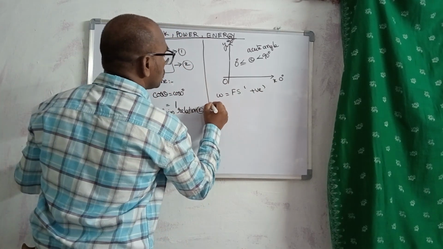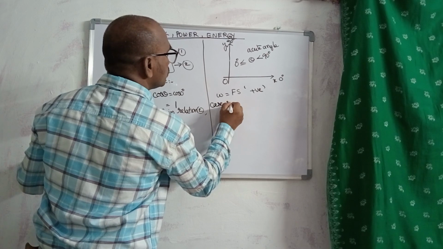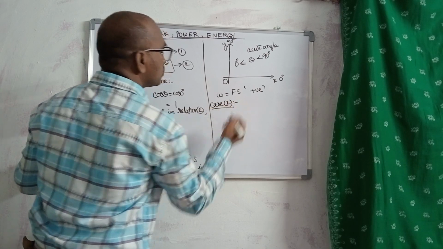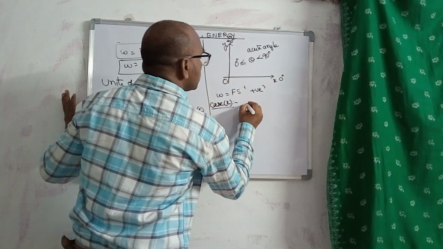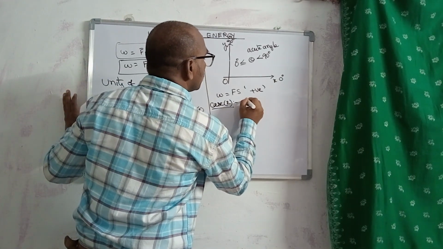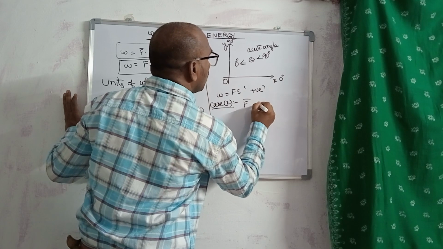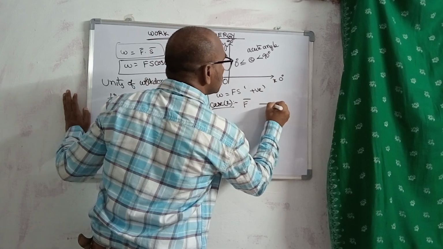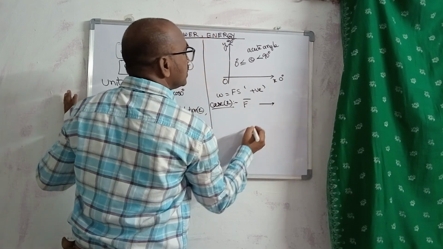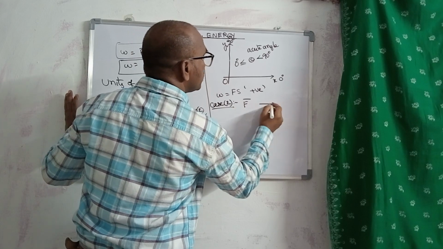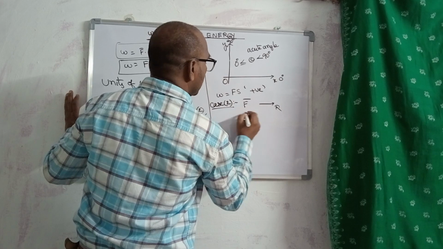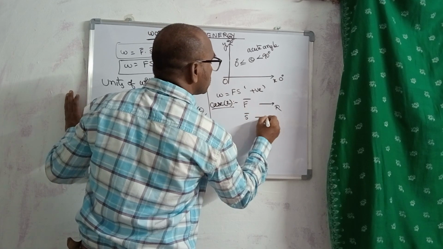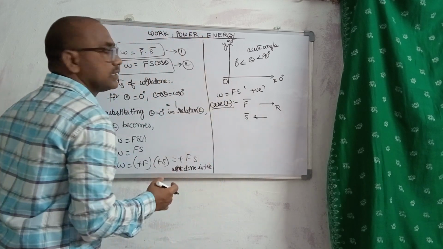Second case, case 2. What about case 2? Suppose F is acting along the horizontal direction towards the positive x-axis. Positive x-axis means F is acting towards the right side, and S is acting on the opposite side, the negative x-axis.